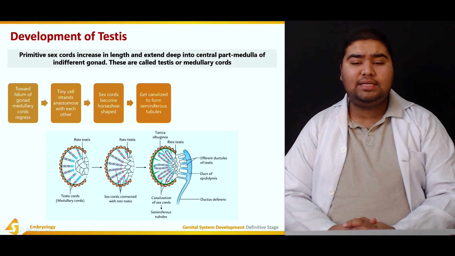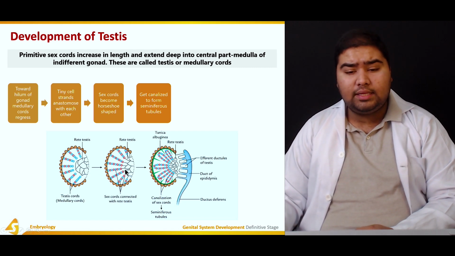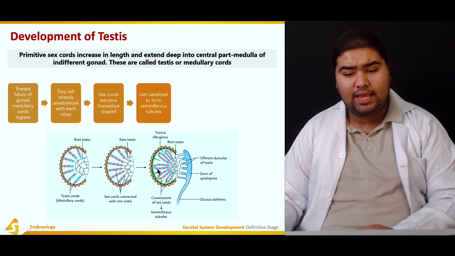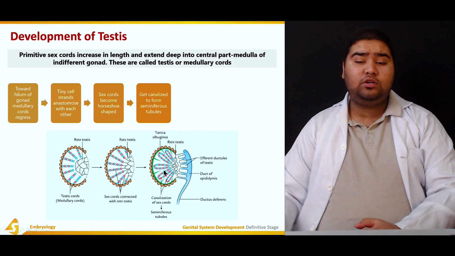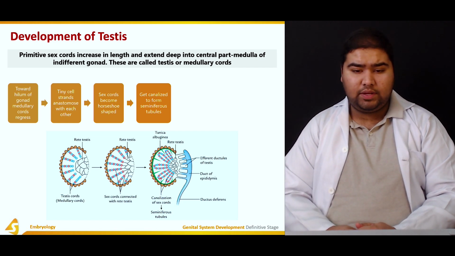So now they get canalized to form the seminiferous tubules. Moving on, these sex cords are now being canalized. This is the canalization of the sex cords, and canalization of the sex cords results in the formation of seminiferous tubules.